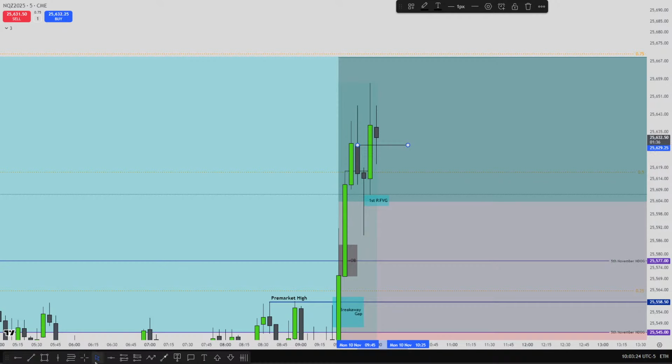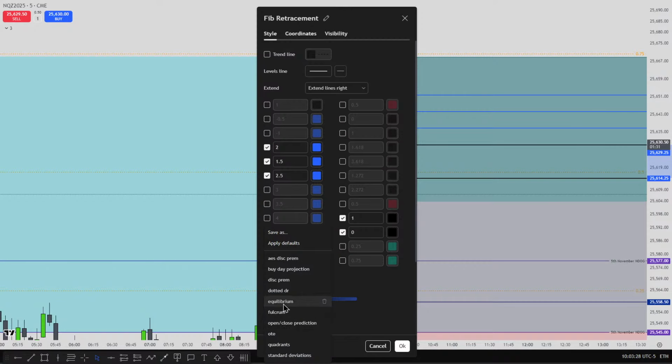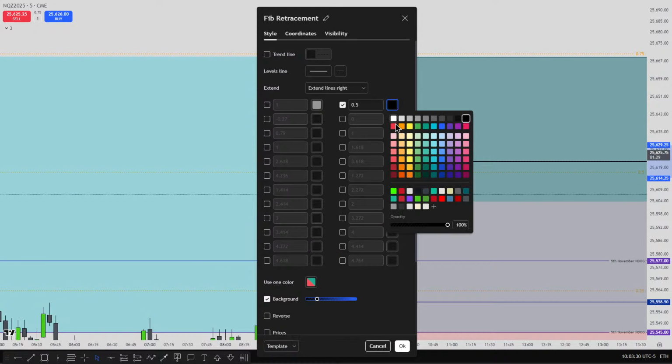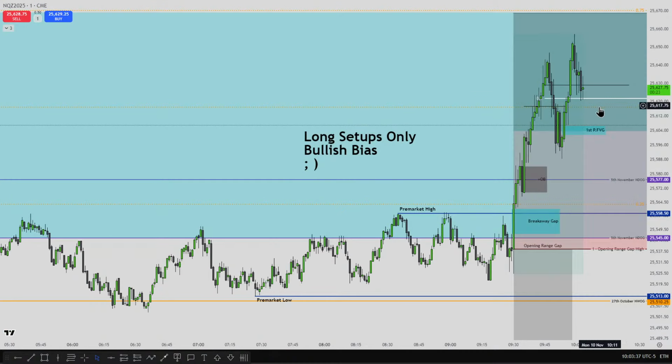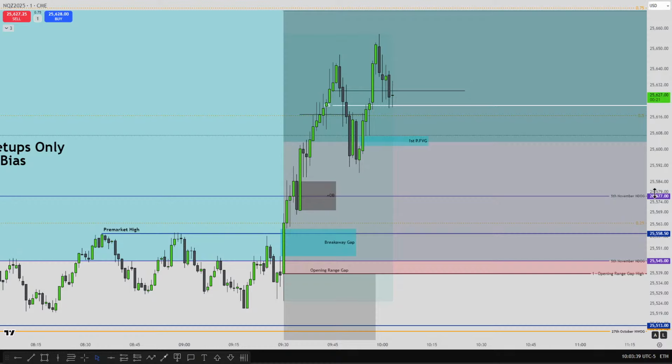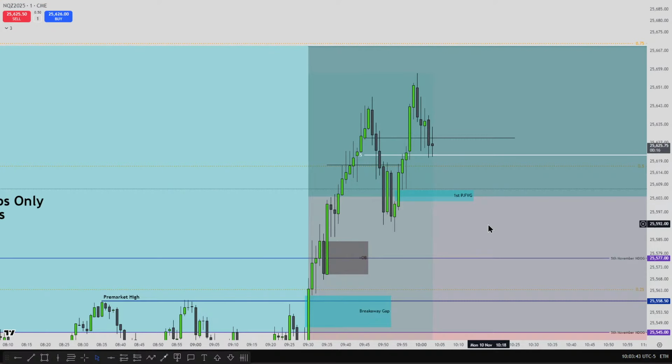And then the mean threshold of this, we're going to make it a white line. Mean threshold just means the middle of an order block. It's the same thing as a consequent encroachment or equilibrium, but for an order block, so don't let the big terms confuse you. I don't know why ICT decided to give it such a hard name, but yeah.